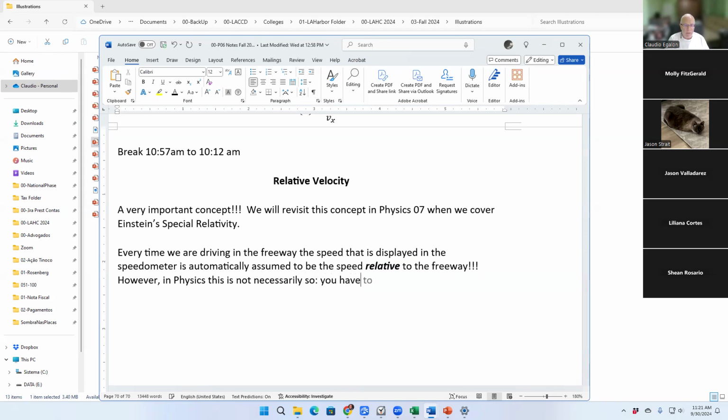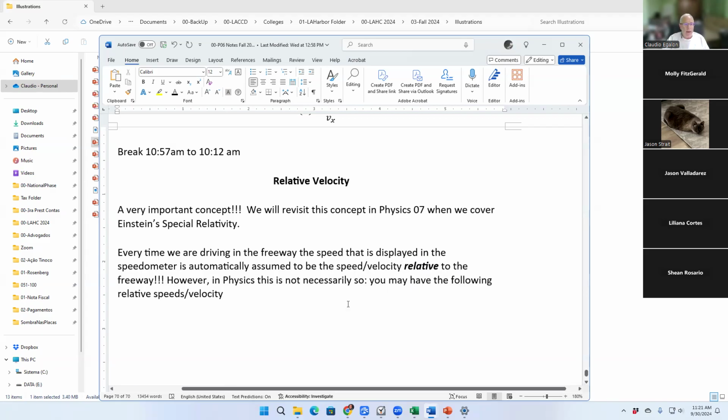You may have the following relative speeds slash velocity, right? Can be speed or velocity. The speed slash velocity relative to the freeway.